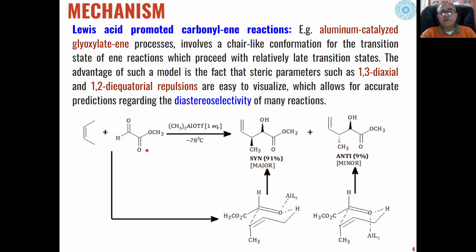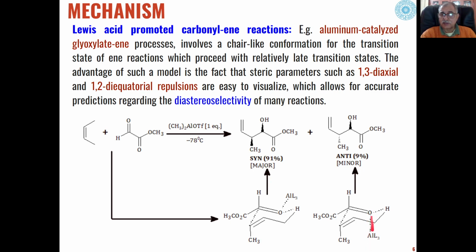So basically, we see that there is a possibility of two types of transition states, where there can be 1,3-diaxial or 1,2-diequatorial repulsions present in the transition state, and we know that 1,3-diaxial repulsions are more severe.